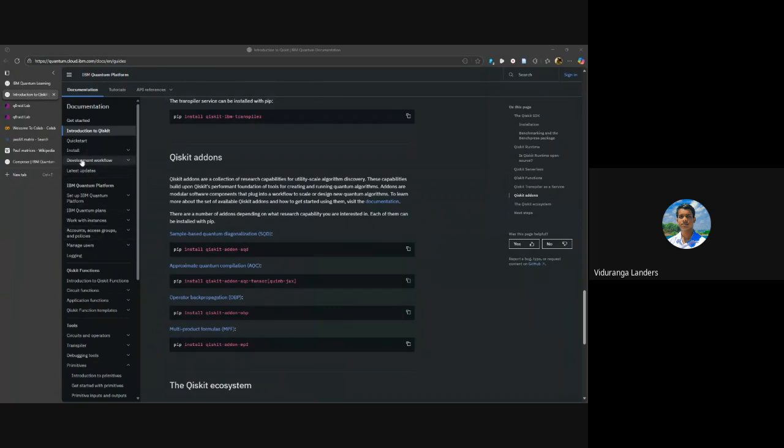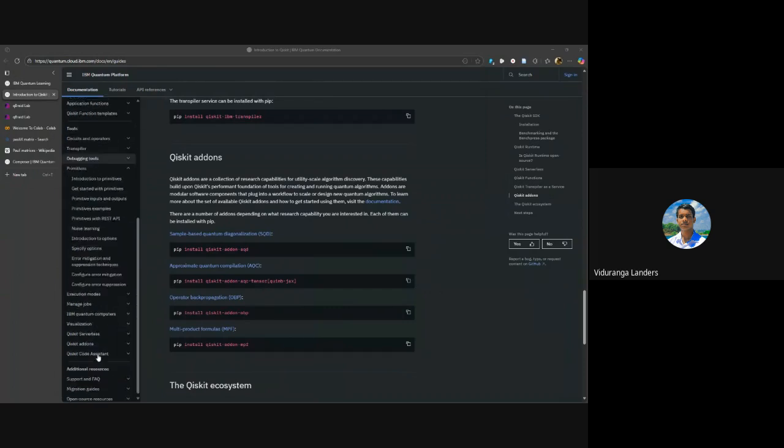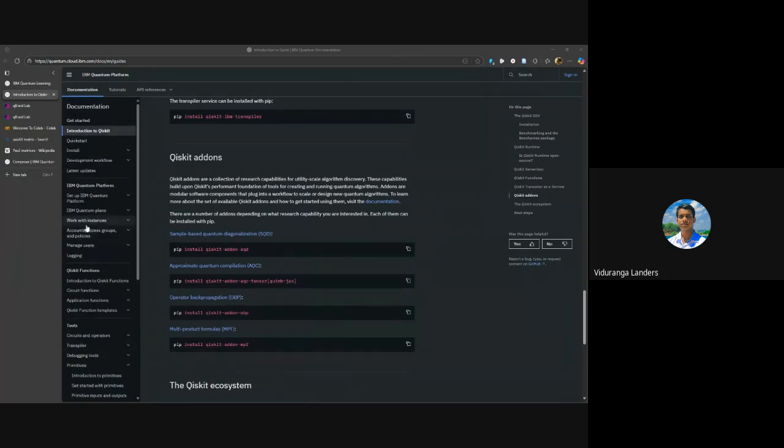Since they have gone through a major update to the entire ecosystem of Qiskit, these are all updated. Earlier, there were some problems with some of the documents being outdated, but I don't think it should be an issue now.